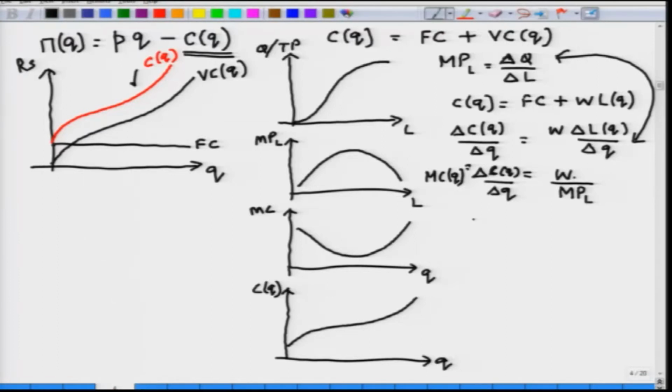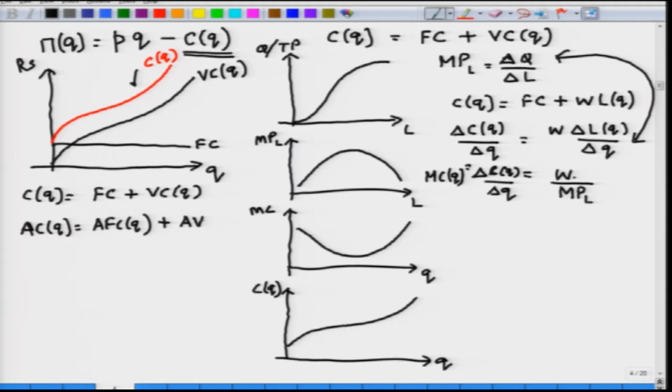Now, since my cost is the fixed cost plus the variable cost, if I divide by Q, my average cost is the average fixed cost plus the average variable cost. Now, fixed cost does not depend on output, but when I divide it by Q, the average fixed cost depends on the output. So, the variable cost divided by Q is the average variable cost.